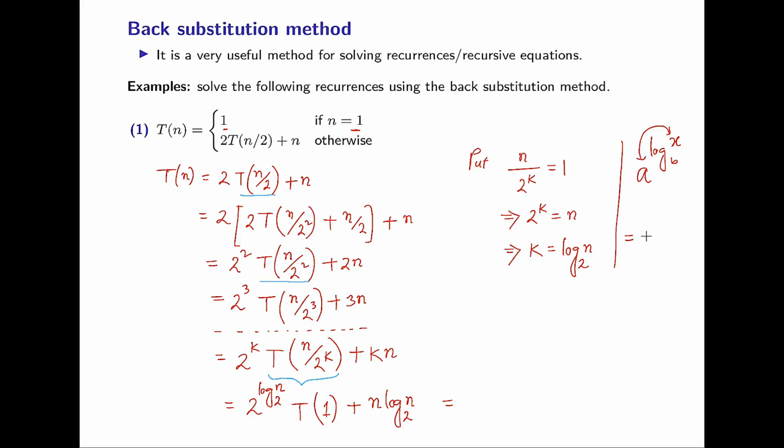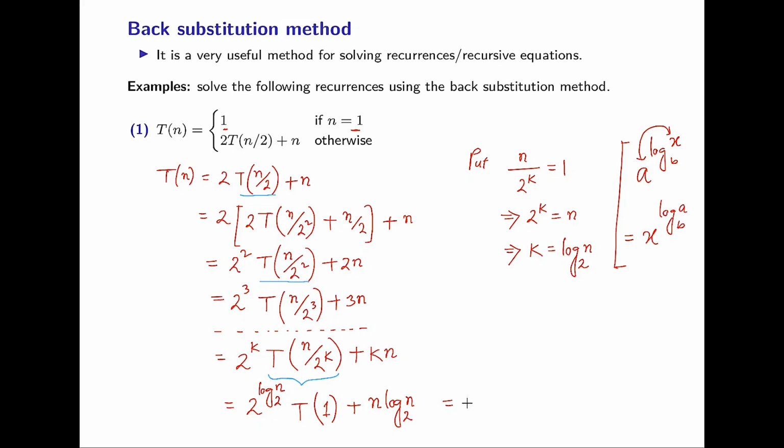So here if we interchange, we will get x to the power log a base b. Very important formula. So here you see 2 to the power log n base 2. So here the power is in terms of n.